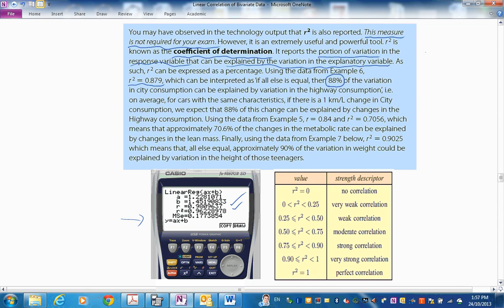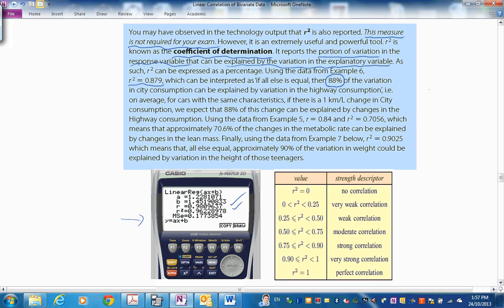There is that this particular car has a highway consumption of 10 kilometres per litre, and we can associate 88% of the variation of the city consumption to that. Okay, so they're following each other with that percentage, if you like.